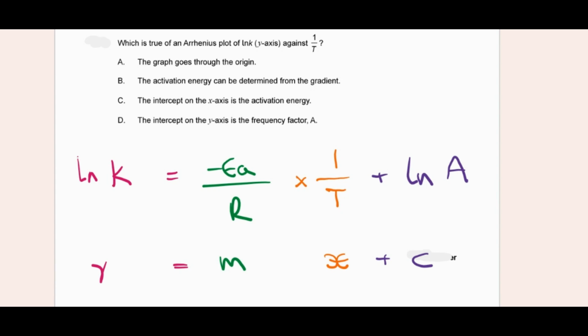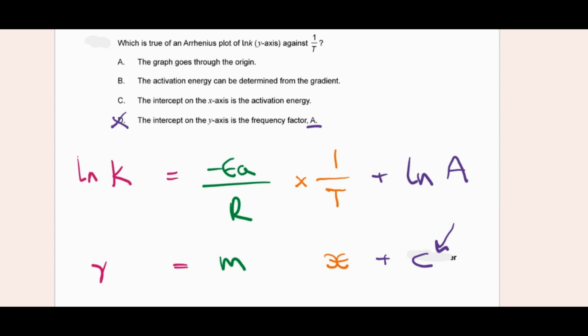For example, the intercept on the y-axis is the frequency factor A. Well, we know that this here is the y-axis intercept. So we know it's not A, it's actually ln A. Therefore, it can't be D.